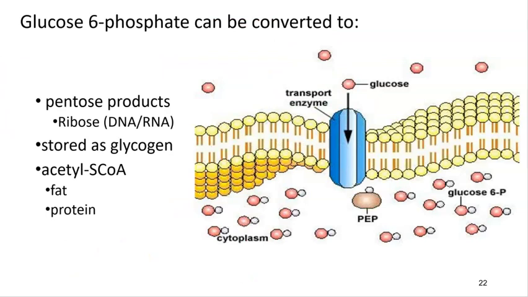We've spent some time already talking about glucose and how it gets into our bloodstream, and glucose is actively transported across the membrane of our cells, and once it gets across the membrane, it's actually phosphorylated generally immediately.